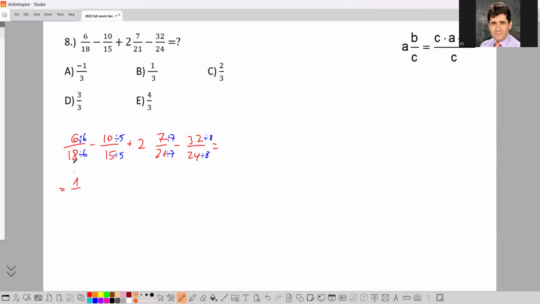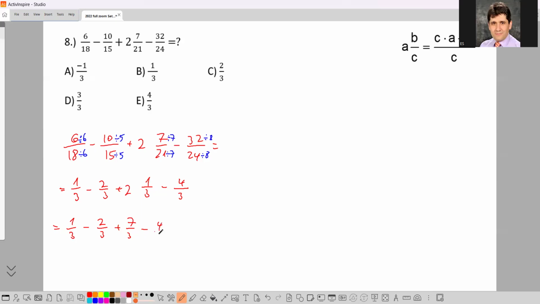So if I simplify these fractions, what do I get? 1 over 3 minus 2 over 3 plus 2 wholes and 1 over 3 minus 4 wholes, 4 over 3. Now, I can clearly see I have a common denominator, so that will make the problem easier.